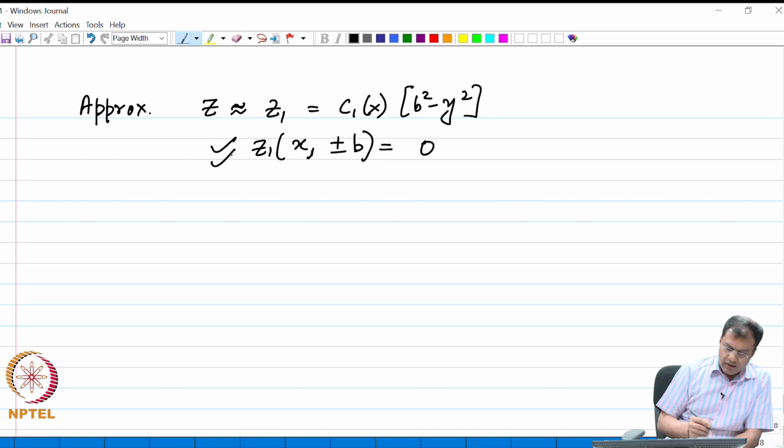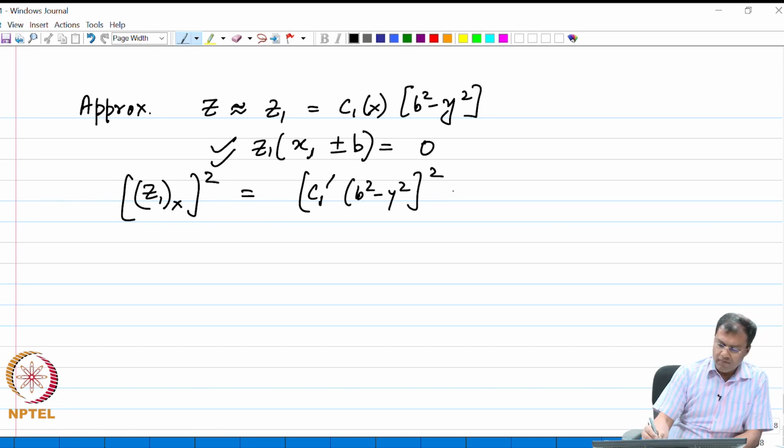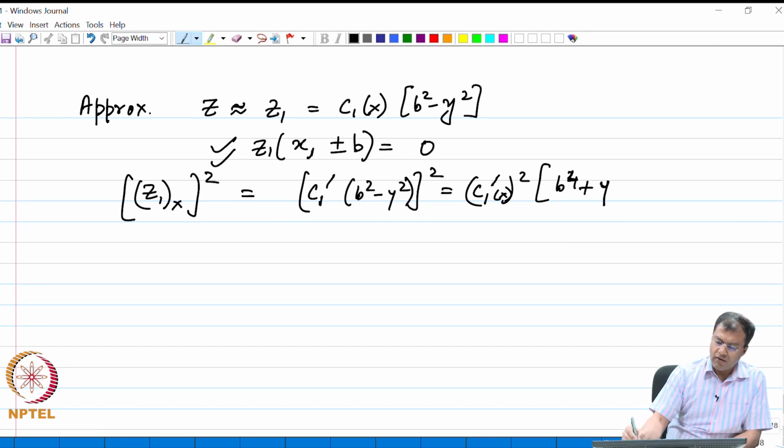Then we have to evaluate these things. For z1, the x derivative of z, we have to find the square of this quantity. We differentiate with respect to x, we get c1 prime times b square minus y square, and we take the square. I can still go ahead and open this. So this one becomes c1 prime square times b^4 plus y^4 minus 2b square y square.